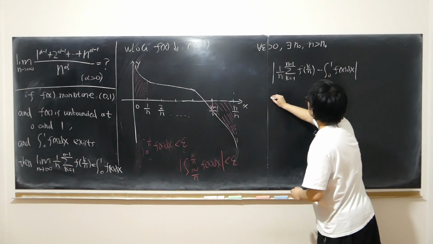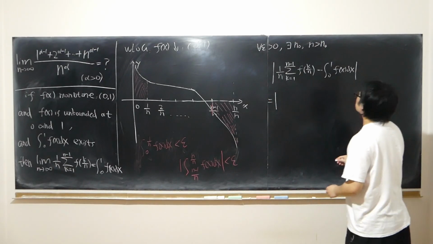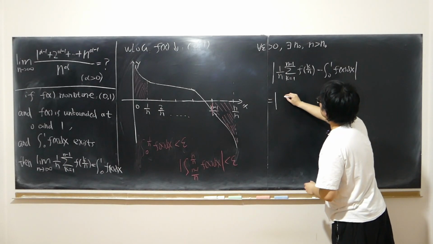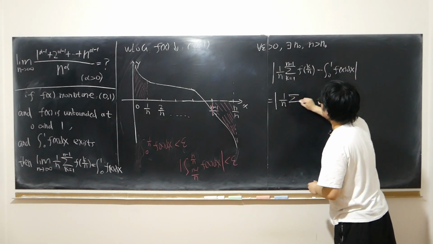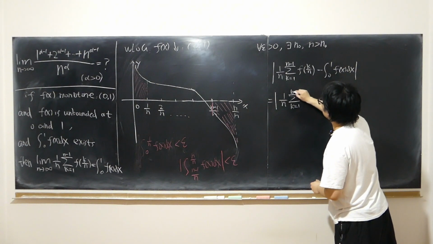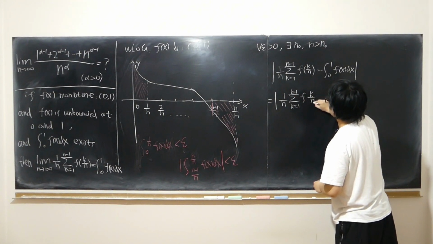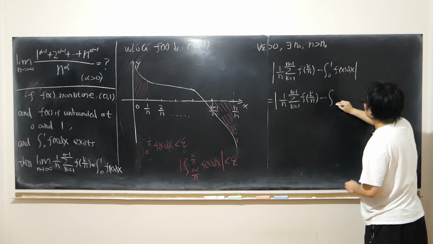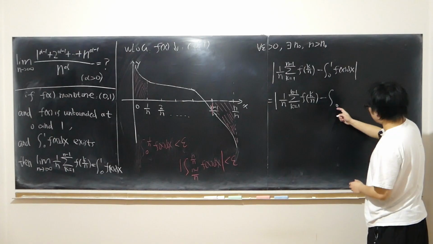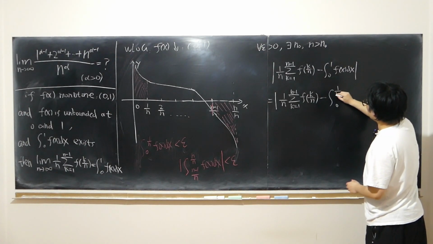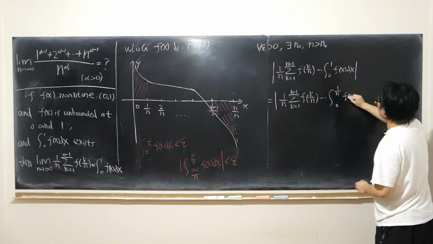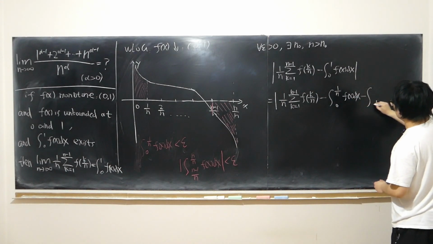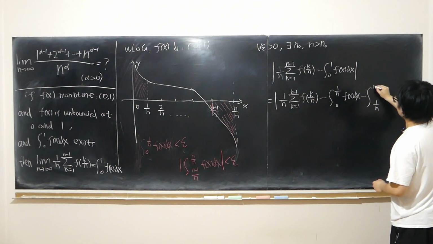I want to show this can be small enough. Before that, I can just rewrite this. First of all, copy this. Then this can be rewritten into 3 parts. First, I'll start from 0 and end at 1 over n, f of x dx. Second part, I start from 1 over n up to n minus 1 over n.